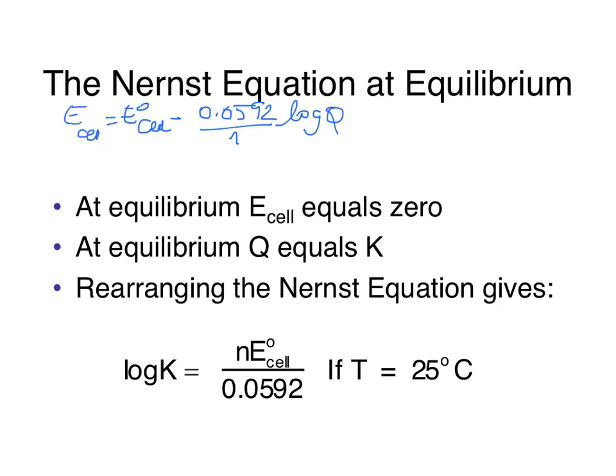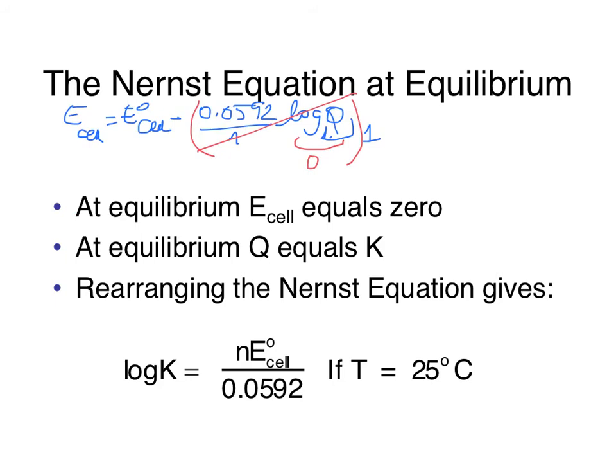Now we are saying that Q is equal to 1, standard conditions. That means the amount of reactant and product is basically equal. Since it will be log of Q, which will turn out to be 0, this whole term is going to get cancelled. In such an event, E cell will be equal to E naught cell.